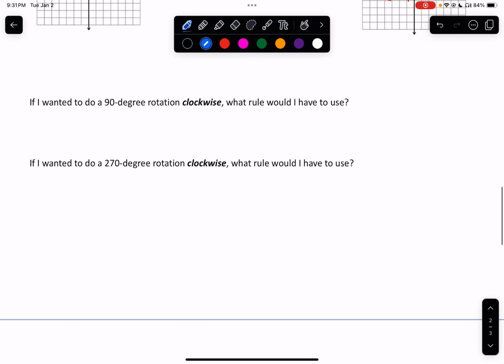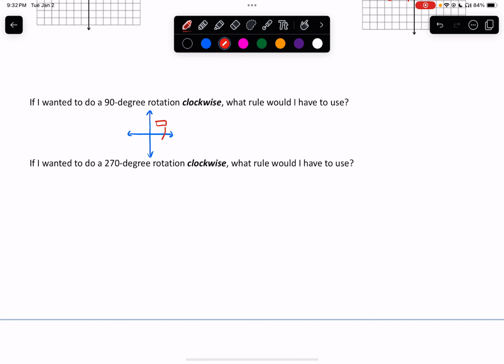And then down at the bottom, if I wanted to do a 90-degree rotation clockwise, what rule would I have to use? So think about if I've got a coordinate graph and I've got some sort of box in here, okay? And I want to go clockwise. So again, clockwise is going around.